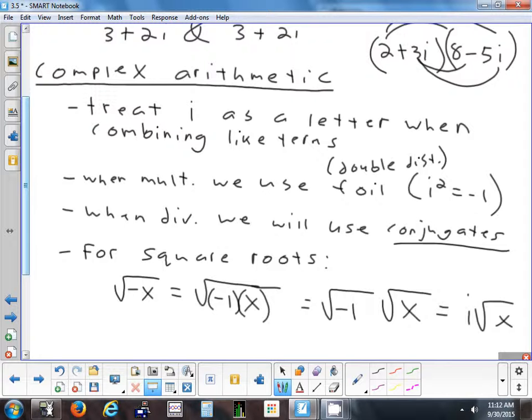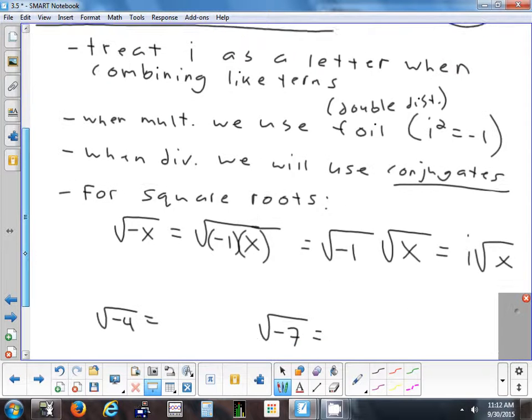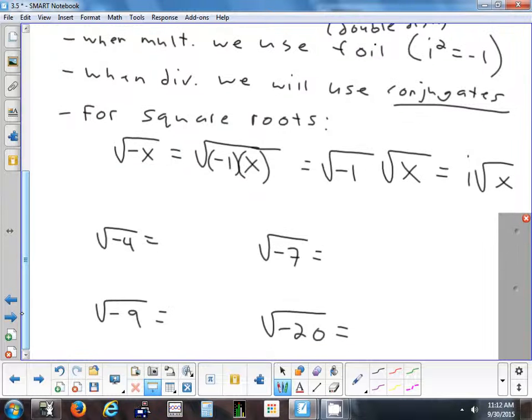All right, let's try a couple. Let's try the square root of -4. When you take that i out, generally we put the number and then we put the i after it. The only time you wouldn't want to do that is if you had a problem like this. I would not do something like this. That looks confusing to me. The reason I think that's confusing is I'm not sure if you want this i under the root or you don't want it under the root.